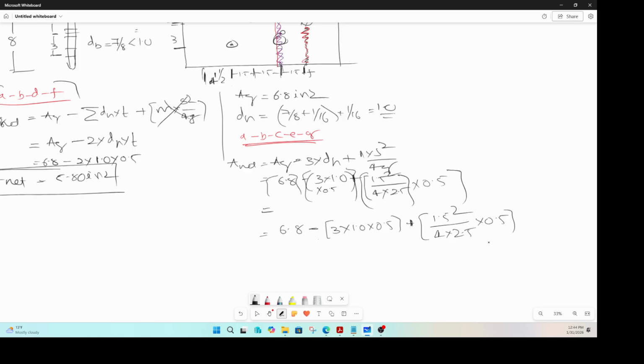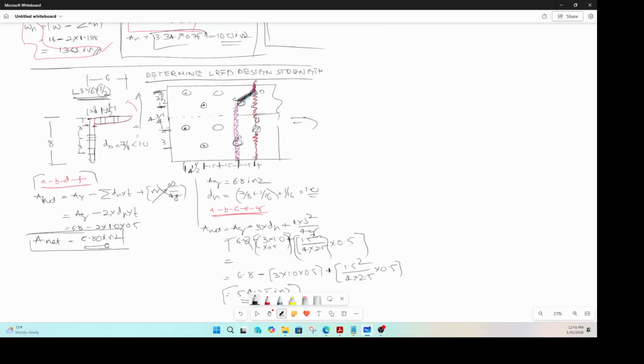So that is 6.8 minus 3 times 0.5 plus 1.5 squared over 4 times 2.5. So that is 5.4125 inch square. So this was 5.8, and this path you have only 5.4125 inch square. So that is your A net there.